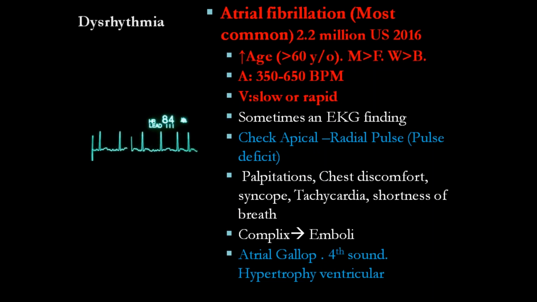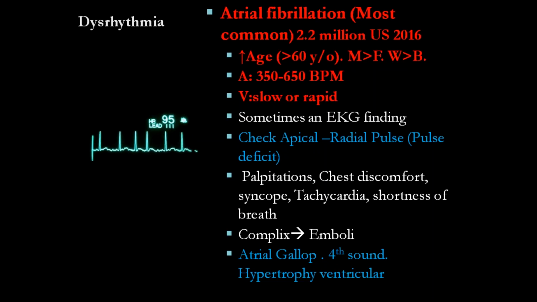But if you have a bigger difference, for example, the radial is much less than the apical, that deficit of pulse means you have atrial fibrillation. That is the way we actually find atrial fibrillation.